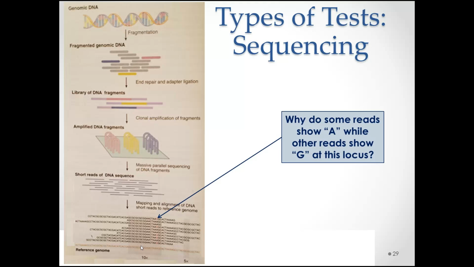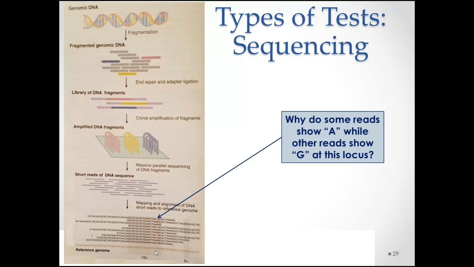Depending on the technology, let's just say each of these fragments is approximately 300 bases long, and at any particular spot in the genome, you'll typically have somewhere between, say, 50 to 500 reads.